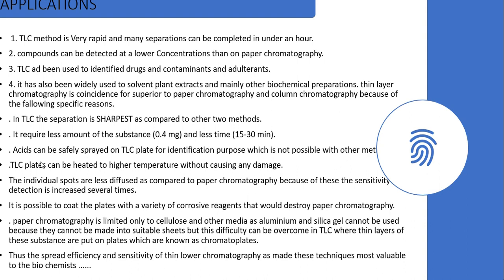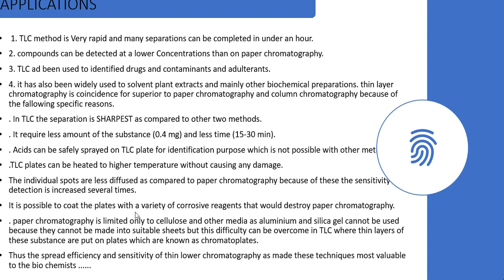It can tolerate acids safely, but paper chromatography can't tolerate acids. It can be heated to high temperature, whereas paper can't be heated to high temperature without damage. Individual spots are less diffused on the TLC, but on the paper you will have more diffusion. So that's also a drawback of paper chromatography.